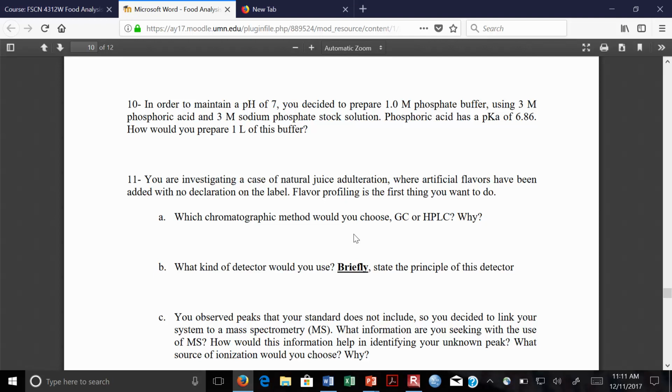Okay, so I plug in my values. I want to prepare pH 7 and the pKa of phosphoric acid is 6.86. So I want to get the volume, the parts. So one part of this and a part of that will give you a whole, right?